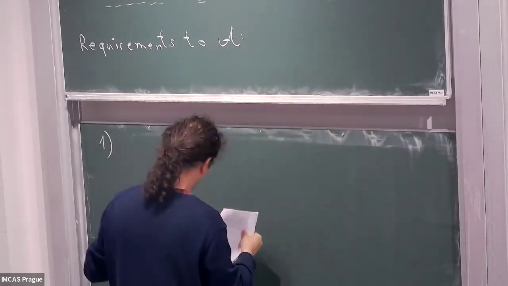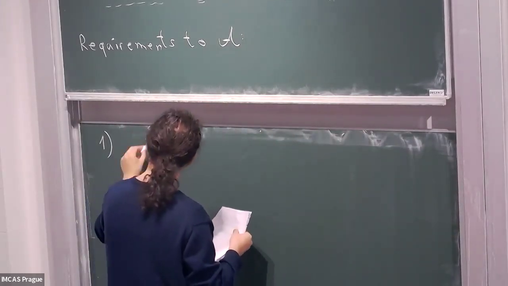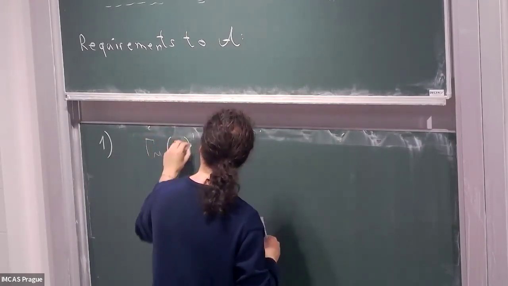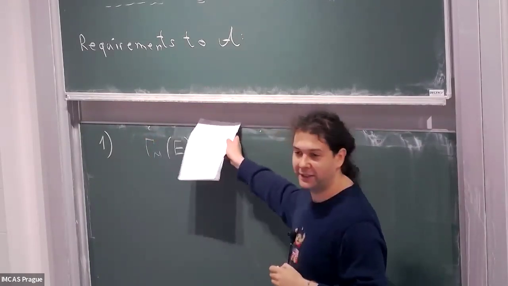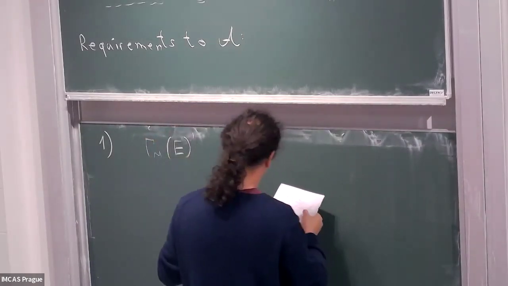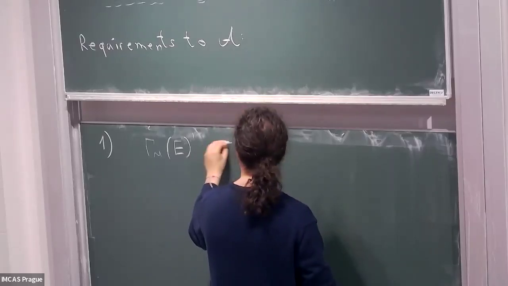So if we take Γ(M, E) dual, it's a Fréchet space, it has a continuous dual, the space of distributions. We would like it to be in A.